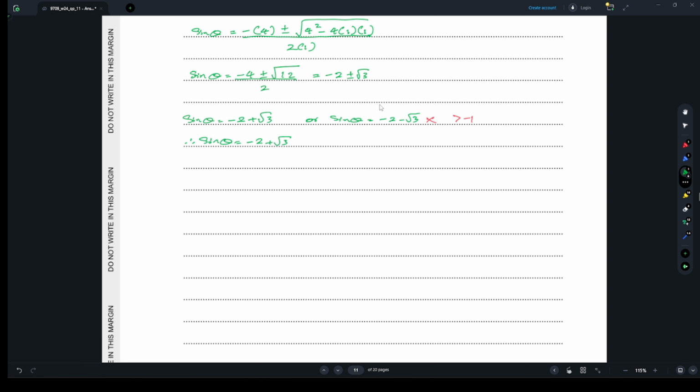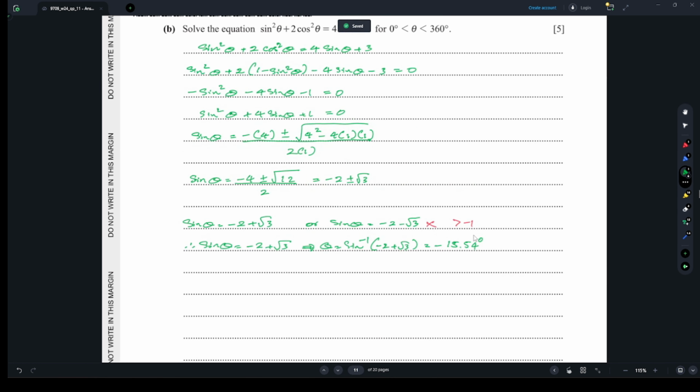So from that one, you can find theta, right? From this one, theta equals sine inverse of minus 2 plus root 3, which equals minus 15.54 degrees.